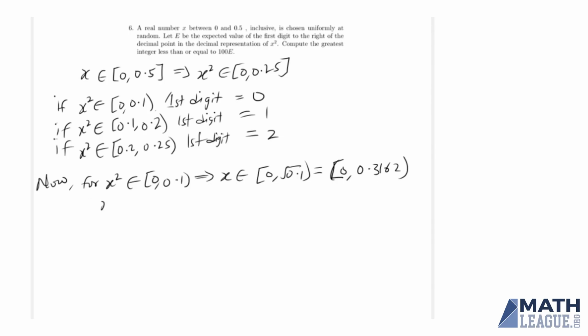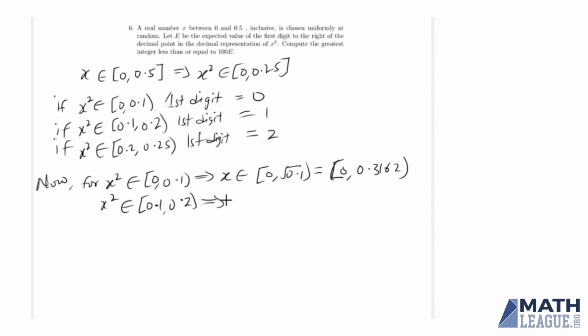Then for x squared from 0.1 up to 0.2, where it is closed at 0.1 but open at 0.2, so 0.2 is not included.